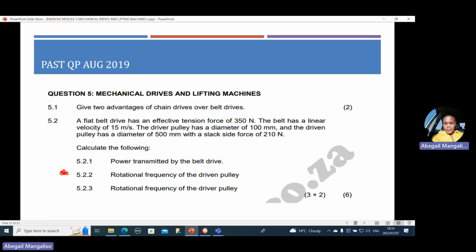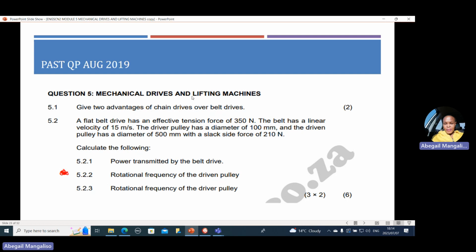So dA will be equal to 100 millimeter. And the driven pulley, let's label it as dB, will be equal to 500 millimeter. With the slack side force of 210, so slack side is T2, it is equal to 210 newtons.